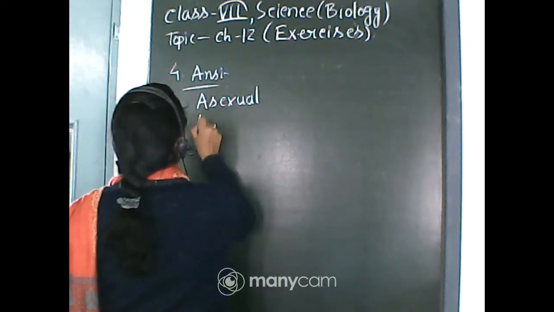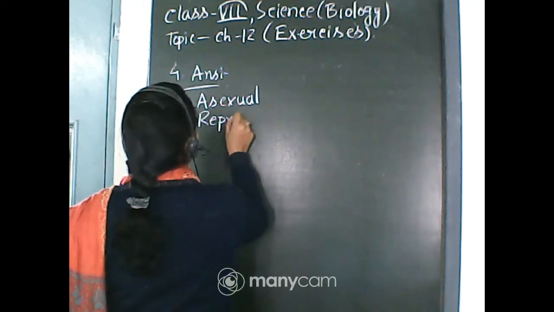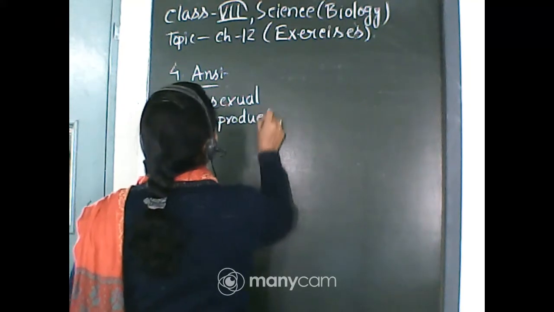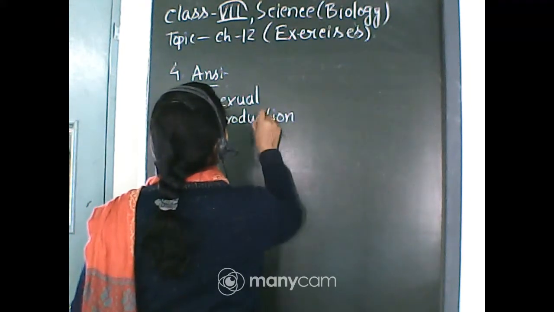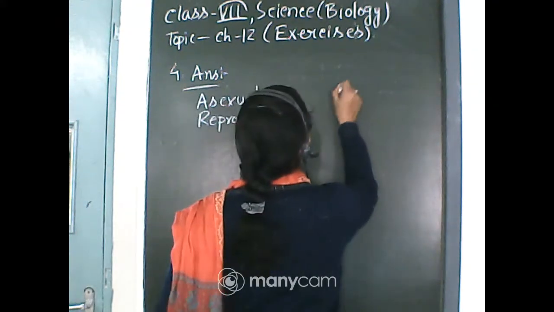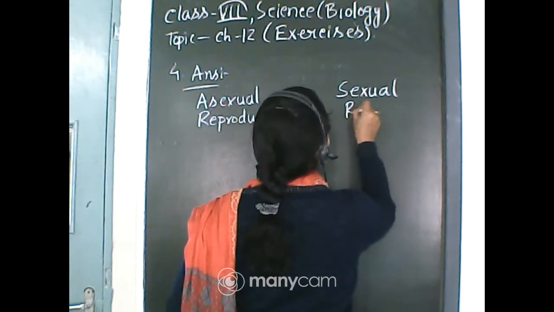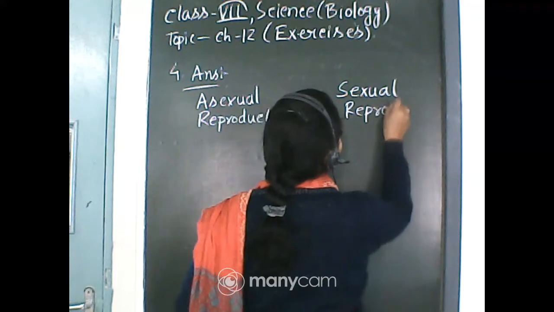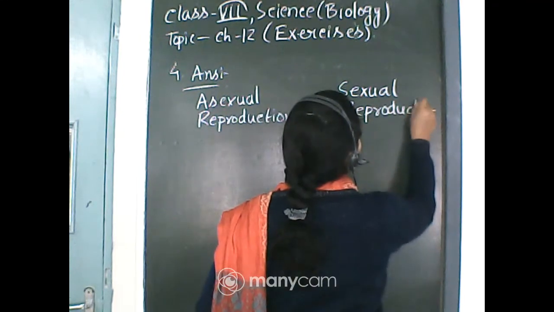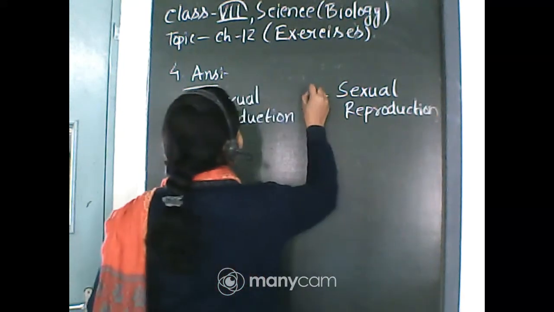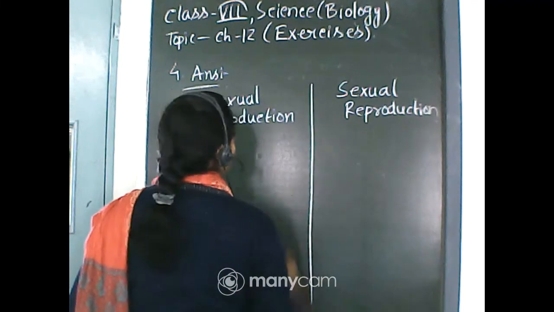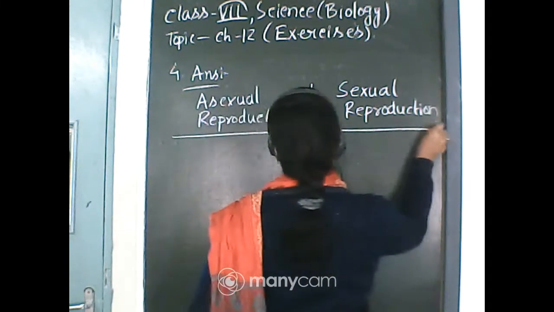Asexual reproduction on one side, and on this side sexual reproduction. Now we have to differentiate both types of reproduction in some ways.